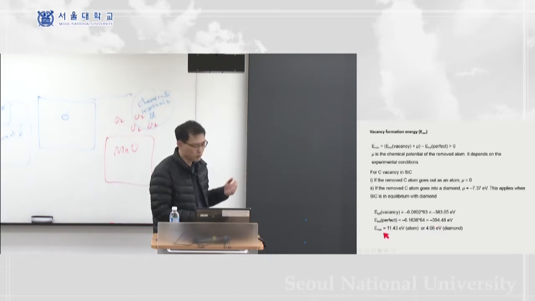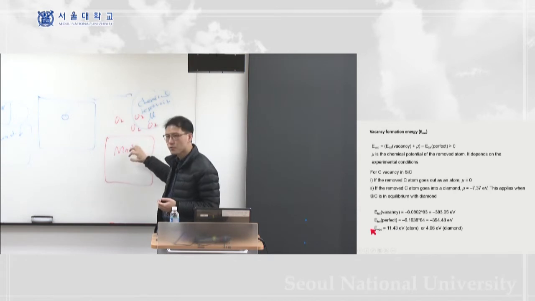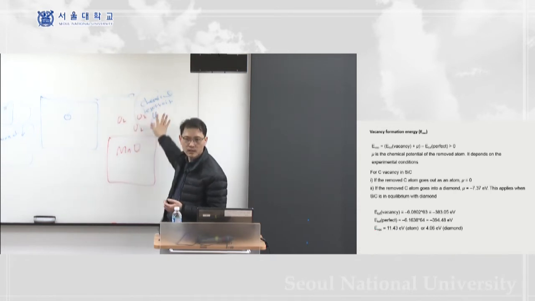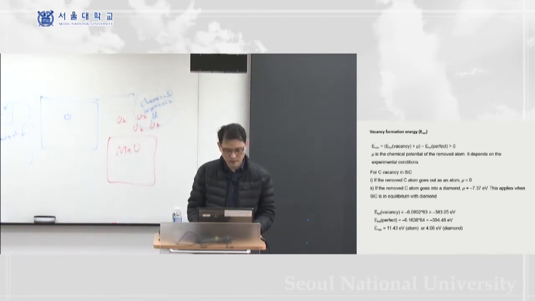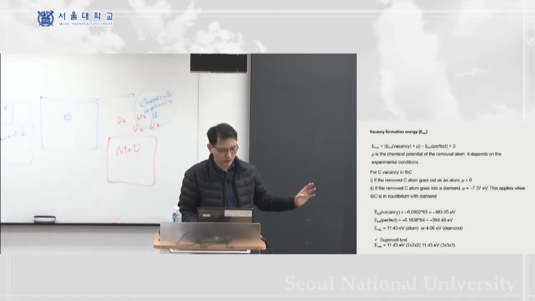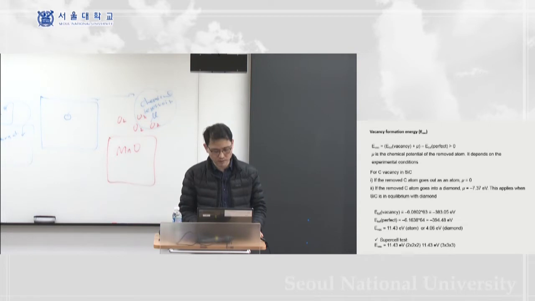So which means that it is easier to make the vacancy if those atoms are in a more stable state. You understand that? And you can check the convergence of the supercell by making a different size of supercell. In this case, the formation energy is exactly the same between 2 by 2 and 3 by 3, which means that 2 by 2 is big enough.